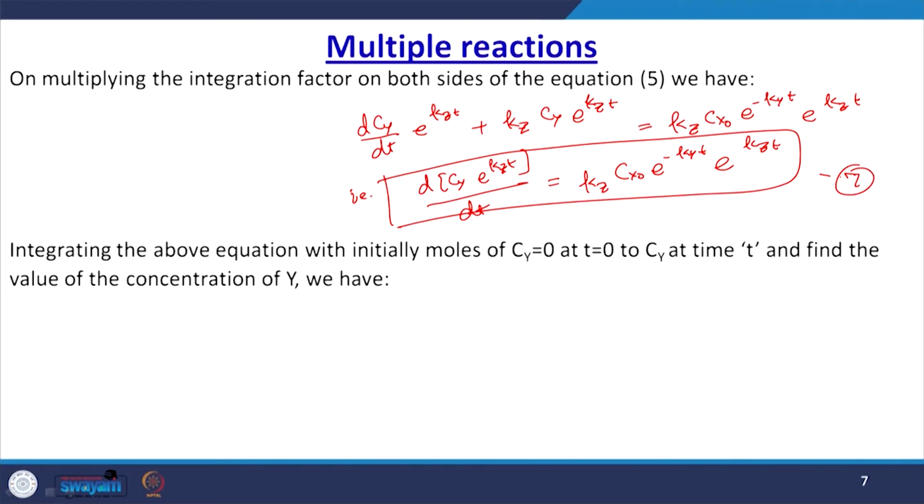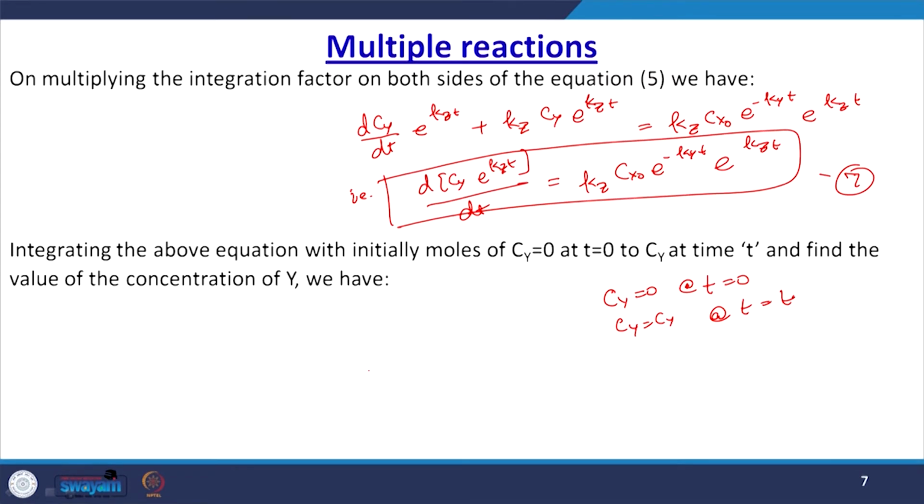Now, upon integrating this equation with the initial moles of y, that is Cy is 0 at time t equal to 0, and Cy is equal to Cy at time t equal to t, we need to find the value of the concentration of y.